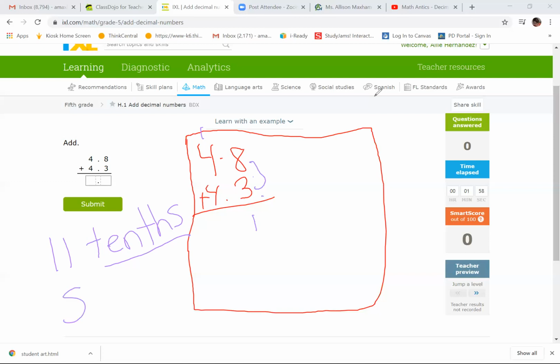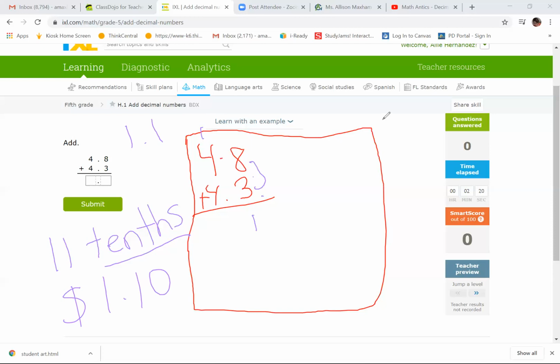So if I was talking about money, it would look like this. But if we're not talking about money, it would be 1.1 or 1 1/10. So here's my 1 in my whole number section, and here's my 1/10 in my tenths section.